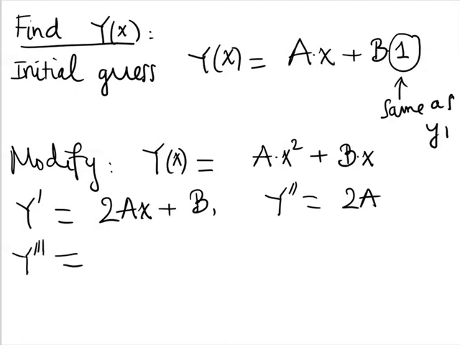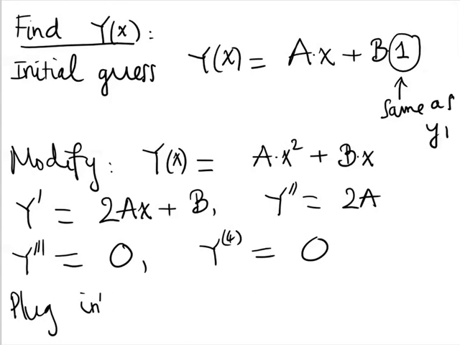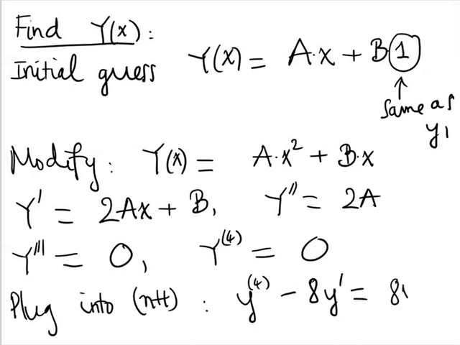Third derivative is 0, and fourth derivative also 0. Now plug into the non-homogeneous equation, which let me recall here: y to the fourth derivative minus 8 y prime equals 8x minus 1.